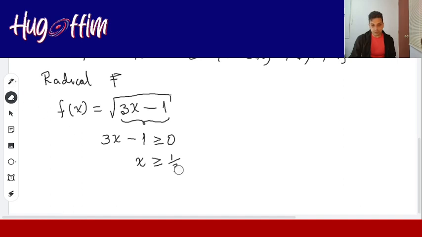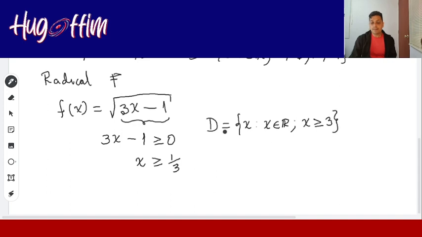Okay, now I can write the domain as x in a way that x belongs to real and x greater than or equal to 1/3.